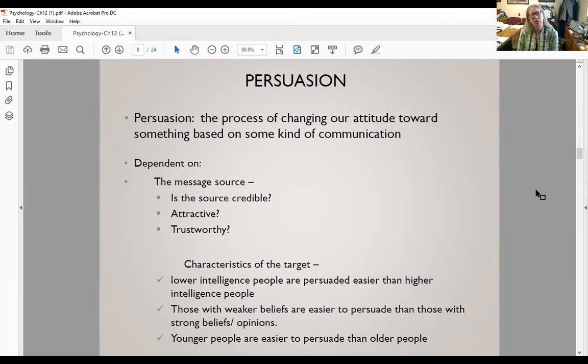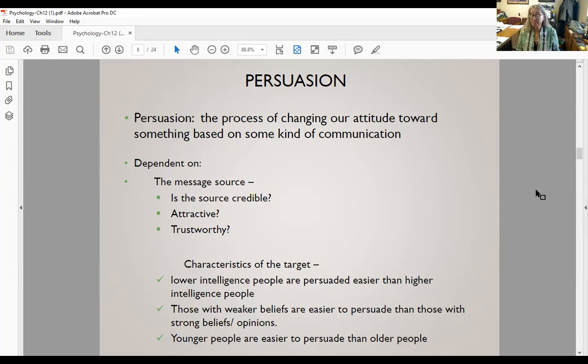Now, you might be asking the question, I know I did when I was sitting where you were, which is more important, credibility or likability, attractiveness, that kind of thing? The answer based on the Yale approach is it depends on the topic. If there is a known, true, correct answer, it's objective, then credibility is going to be more important than likability or attractiveness.